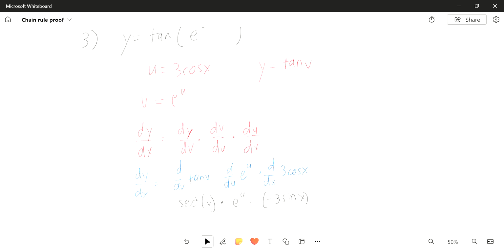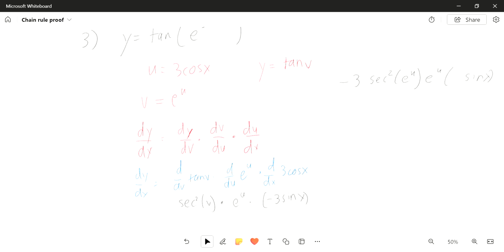So now we have the variables v and u, so we need to substitute back. And since v is equal to e to the power of u, we'll do secant squared of e to the power of u multiplied by e to the power of u multiplied by negative 3 sine x. And I'll bring the negative 3 to the left because that's like standard writing convention in math.